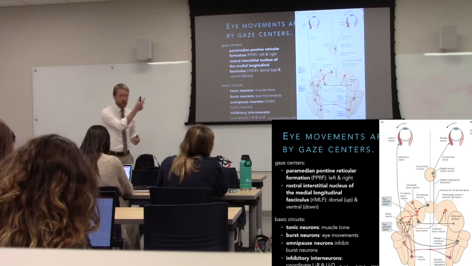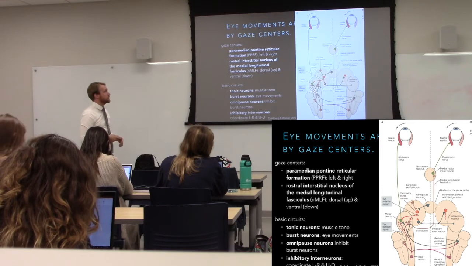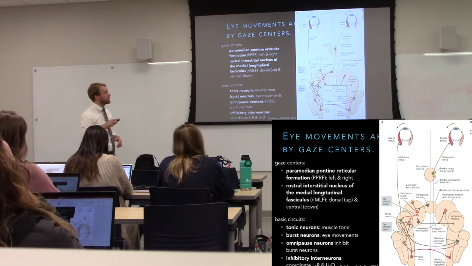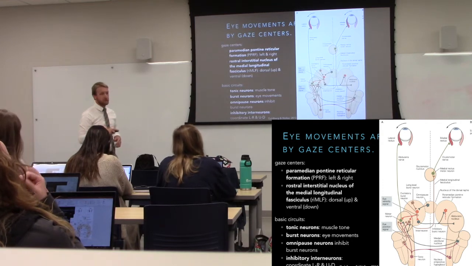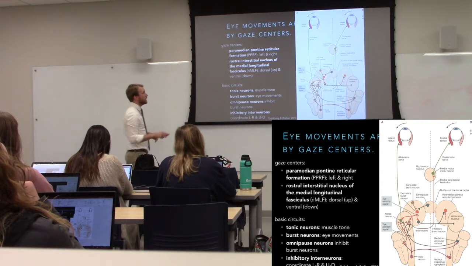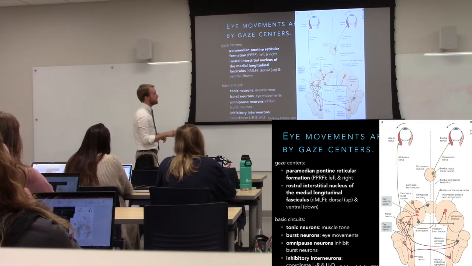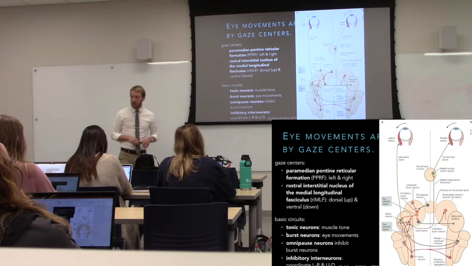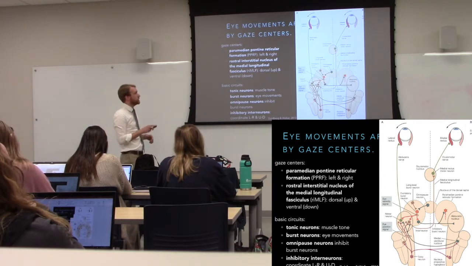So the left gaze center here is going to be acting on two muscles. So there's our lateral rectus on the left and the medial rectus. From the left eye left and the right eye left. These are connected to one another. There's actually a pathway from the abducens nucleus to the oculomotor nucleus. The more medial portions of the oculomotor nucleus are going to innervate the medial rectus.